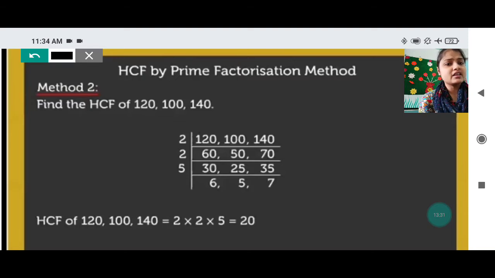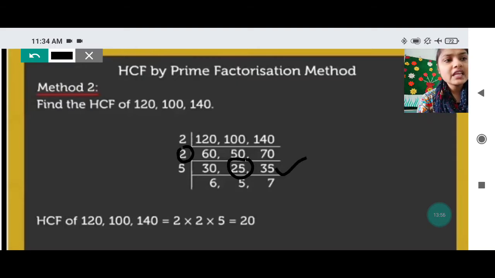Again we will divide all these numbers by the common prime number, that is 2 only, and with 2 it is completely divisible. So when we divide by 2, 60 is divisible by 2 in 30 times, 50 is divisible by 2 in 25 times, and 70 is divisible by 2 in 35 times. So we have written them downside.